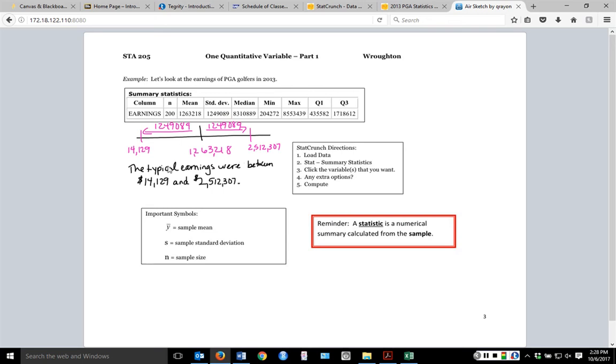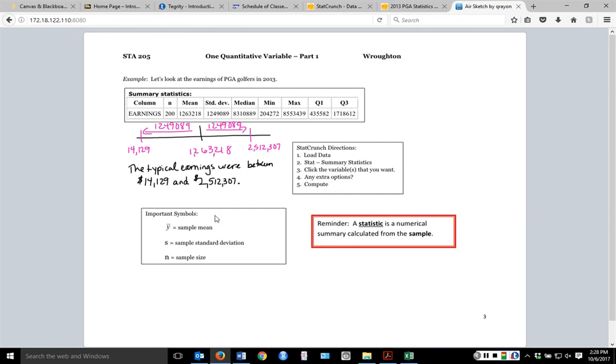So that's how I'm going to interpret standard deviations: by going out a standard deviation in both directions and interpreting it as where the typical value is. I'm not saying everybody, but this is where the typical person's value is going to be.